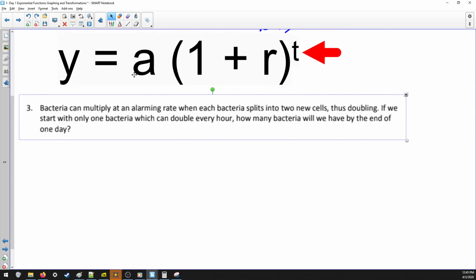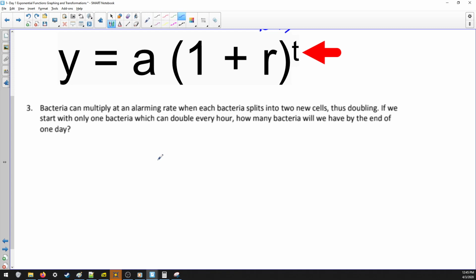If I look at this model, here's what I'm going to take from it. There's still a starting value, which in this case they tell us is 1. But this thing is not going to be 1 plus something because they didn't talk about a percent. We're just going to ask what we are multiplying by over and over again. When they say doubling, the whole thing is going to be 2.